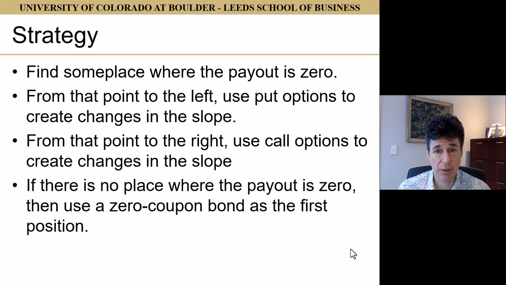There are many ways to create any given payout diagram. And so we can build these things in many different ways. So this is a strategy. There could be other strategies as well, but this is what we're going to follow. Find some place where the payout is 0, use puts to create changes in the slope going to the left, use calls to create changes in the slope going to the right.